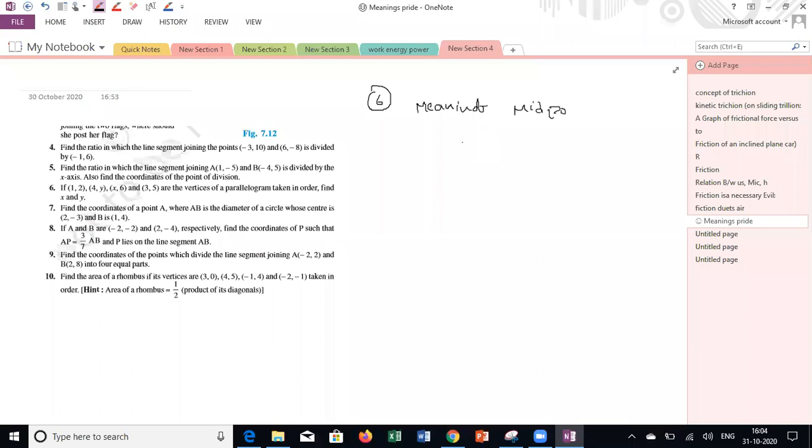Guys, can anyone explain the meaning of midpoint? Suppose A is a point x1, y1, and B is another point x2, y2, and P is the midpoint. When can you say this point is the midpoint of AB?